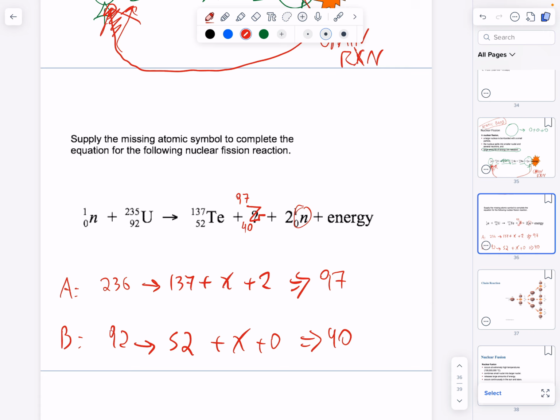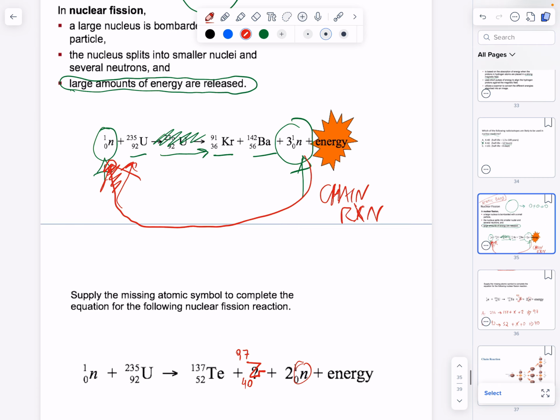And 137 plus 97 plus 2 is 236. Yes, 236 is correct. So this is 137. Yes, 236. Okay, so it's correct.